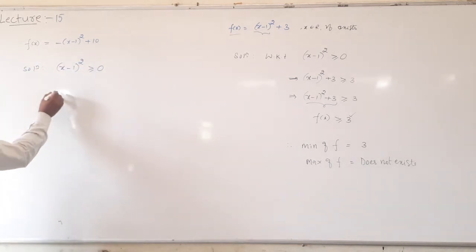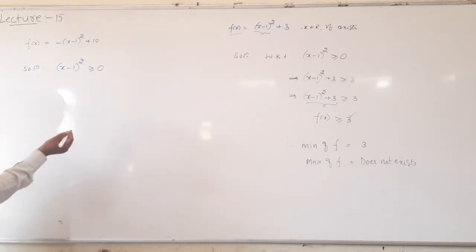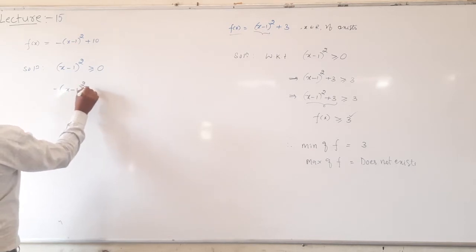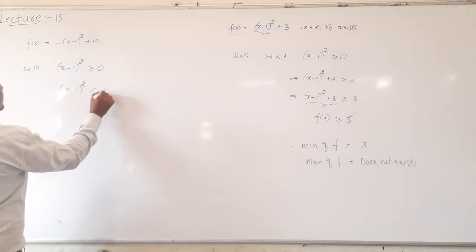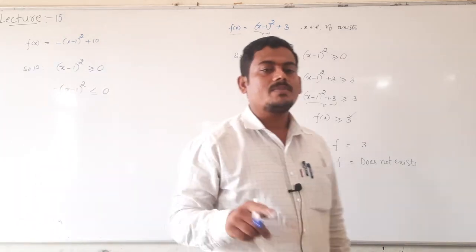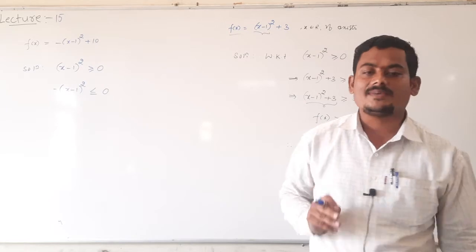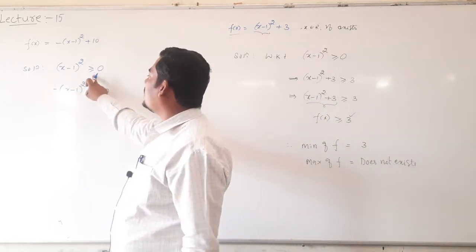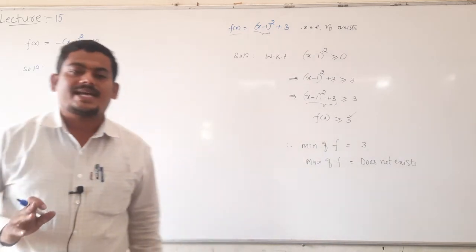Just multiply by the negative sign, or multiply with minus 1 on both sides. Minus of x minus 1 whole square is less than or equal to 0. Once you multiply with negative numbers, the sign of the inequality is reversed. On multiplying with minus 1, the greater than or equal to sign becomes less than or equal to.